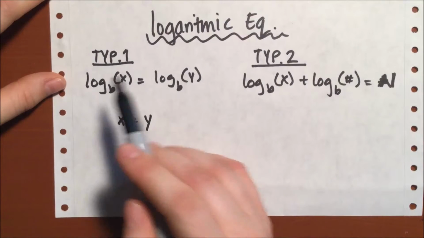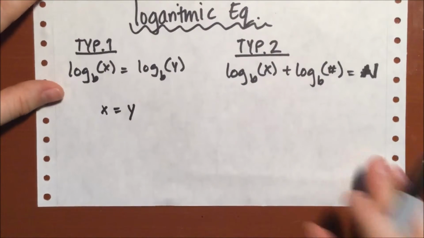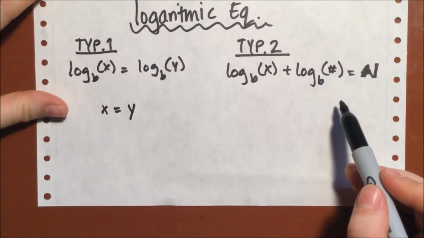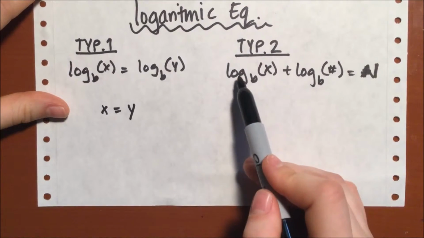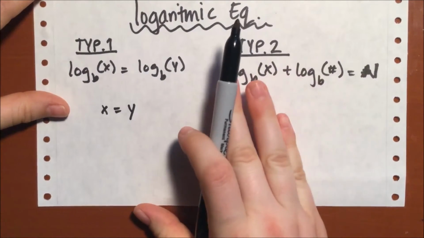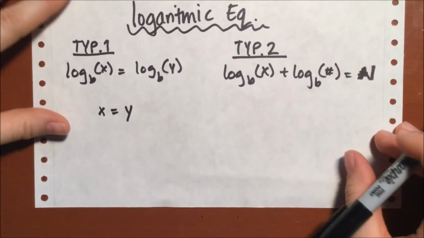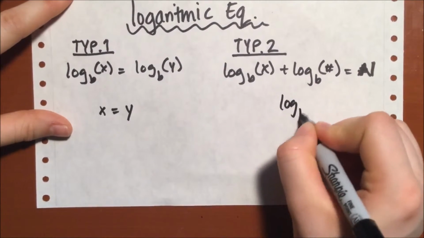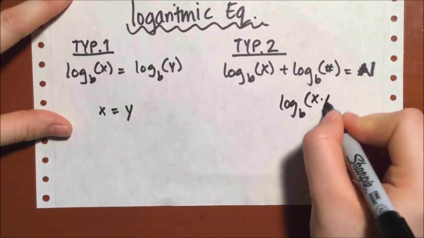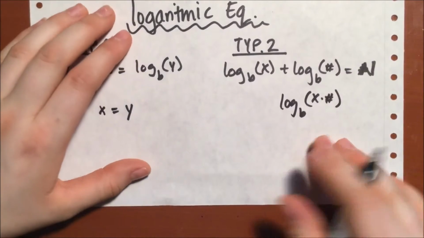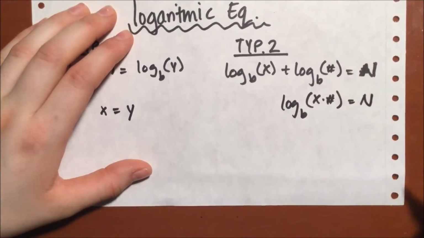This is just between a log and another log. Since we have this number hanging out, for the type 2, what we're going to do is condense the logs to one side of the equation and the numbers to the other side. Okay, so I'd have log base b of x times the number, whatever this other argument is, equal to n.